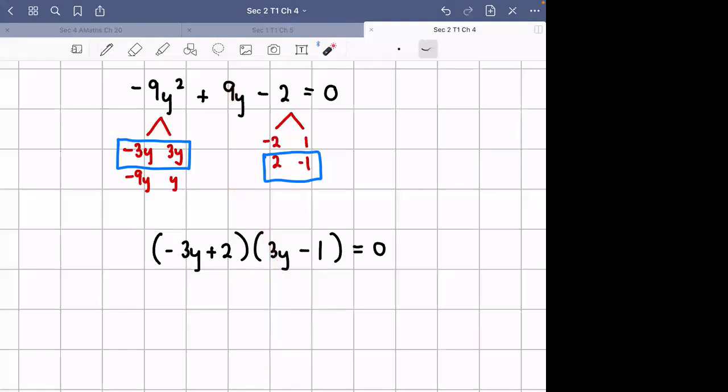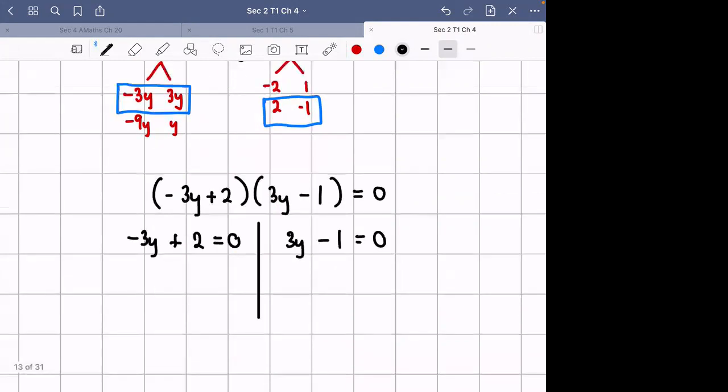So what do we do next? We solve now the values of y. So we got negative 3y plus 2 equals 0. Then we have 3y minus 1 equals 0. So negative 3y equals negative 2, then dividing by negative 3, y here is equal to 2/3.